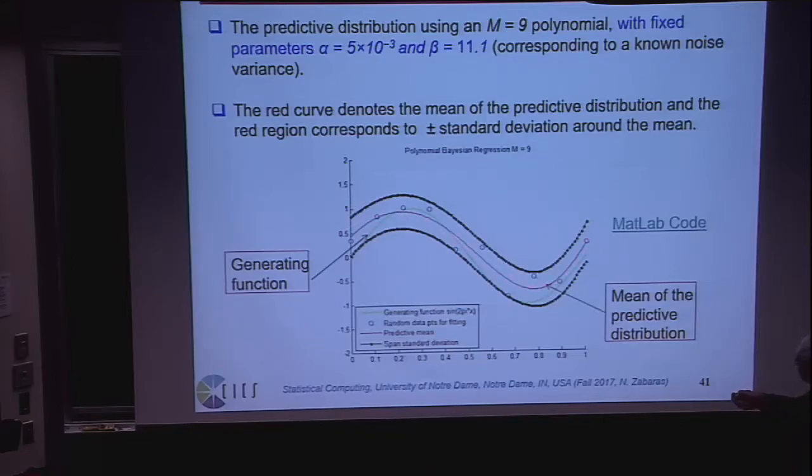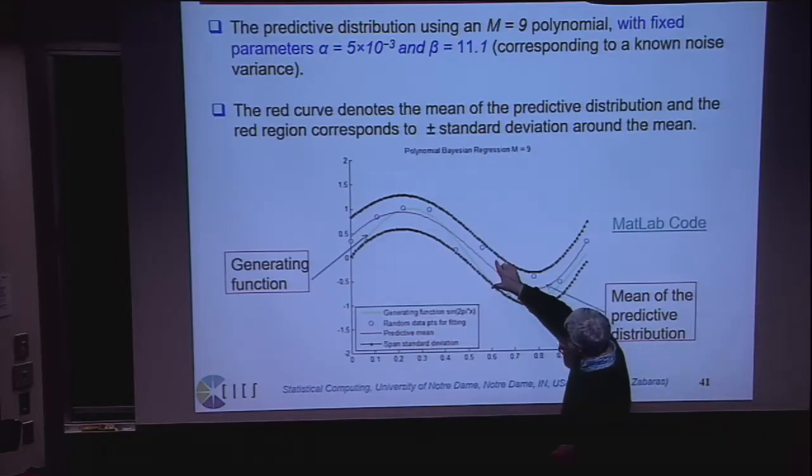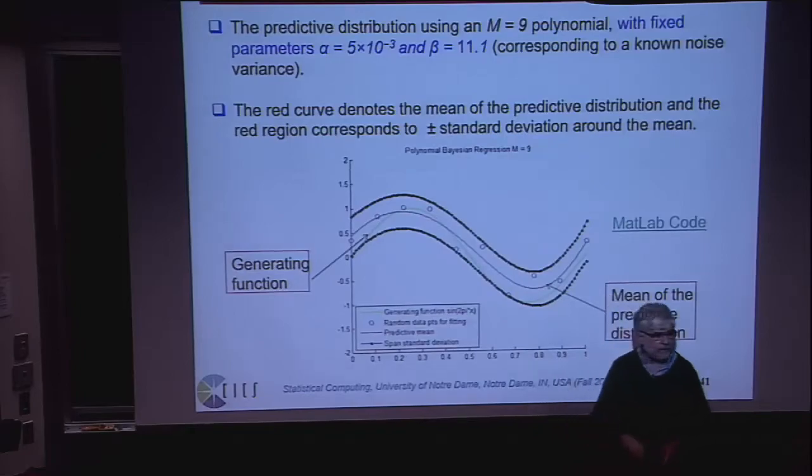There is a mean function, it's a function of x. And these are the error bars. This is the uncertainty, this is the error. This is your confidence on the predictions at each point x. So at each point, you say, if I want to do predictions here where I don't have any data, this is my mean prediction. So at this point, this is what I predict, but plus minus that.